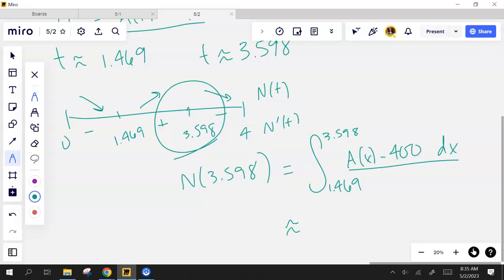I got 71. Is that what y'all got? Nobody wanted to say it. 71. The greatest number of vehicles in line is 71.